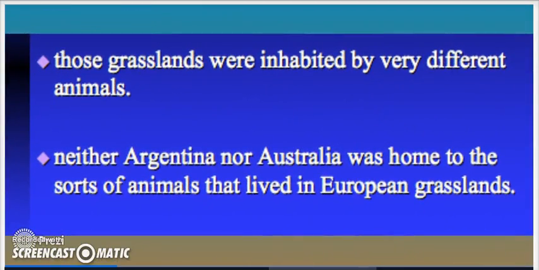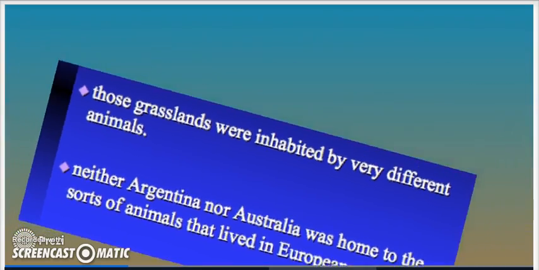What he noticed, however, was that there were very different creatures living in each of those three different countries. Neither Argentina nor Australia was home to the sorts of animals that lived in the European grasslands.